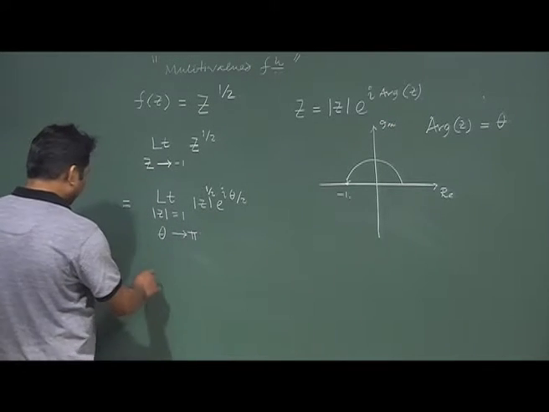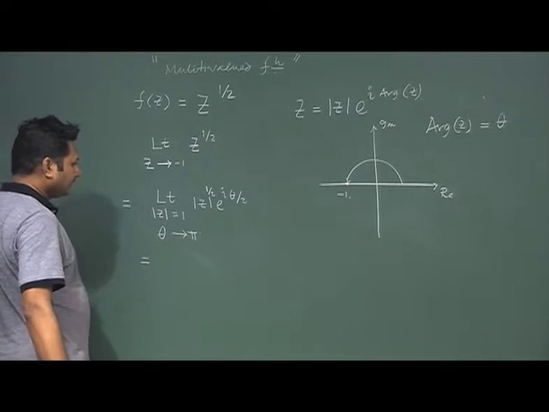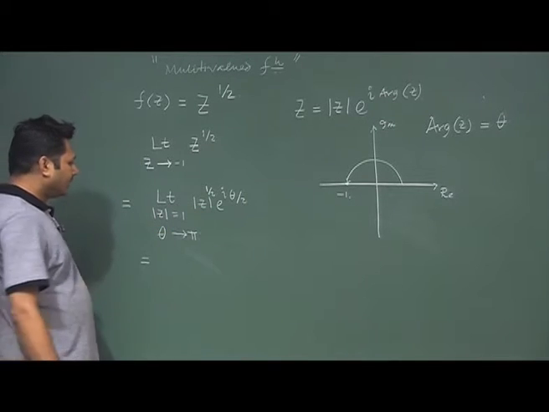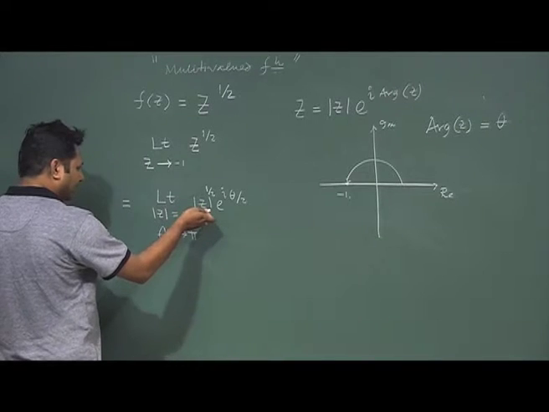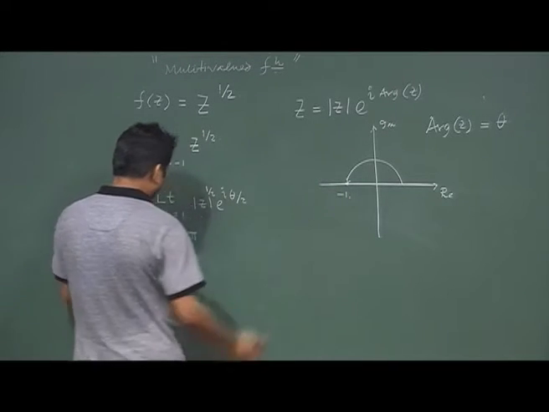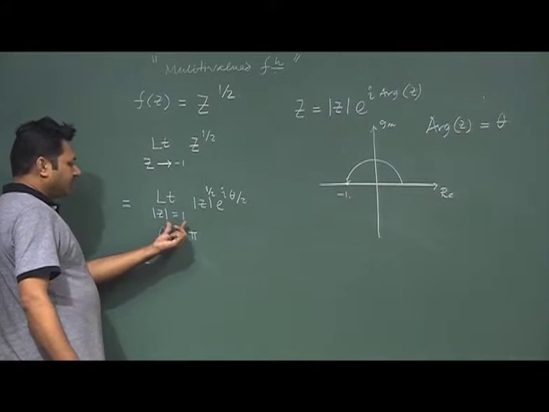Now, if I put this limit here, what essentially I am getting is that mod of z I can put directly, because I am reaching this point with -1. So mod of z should be 1.